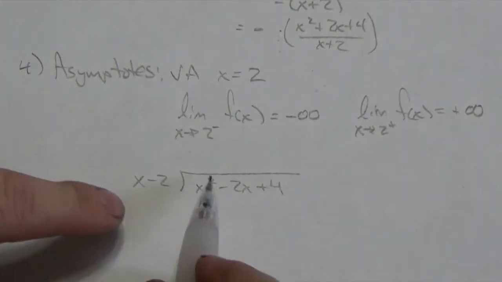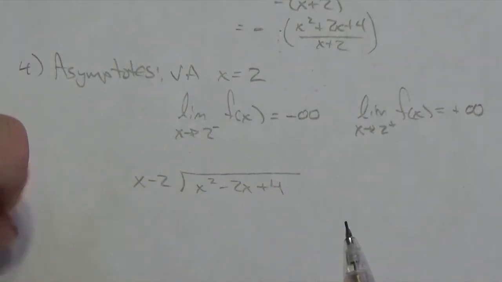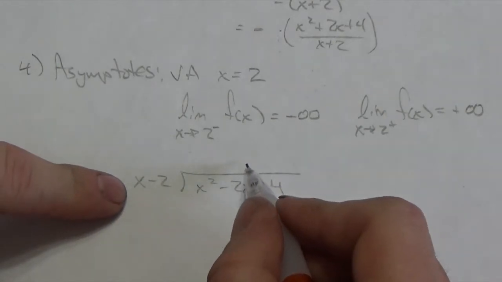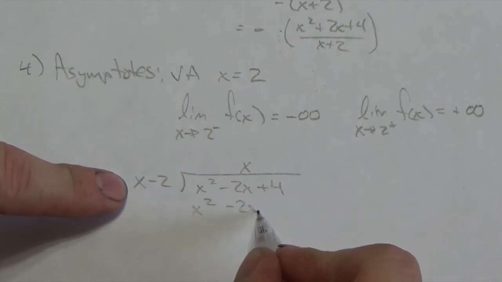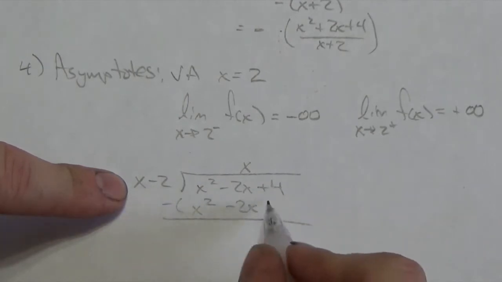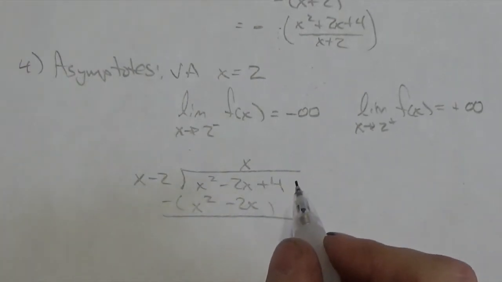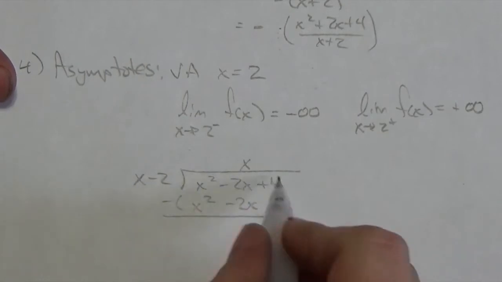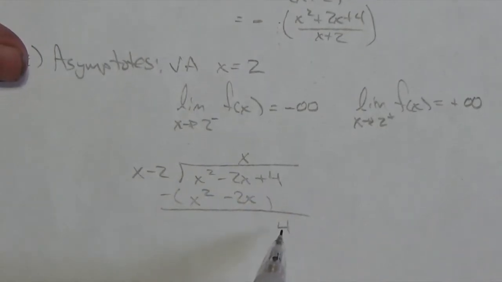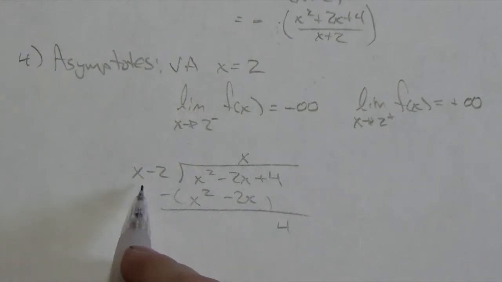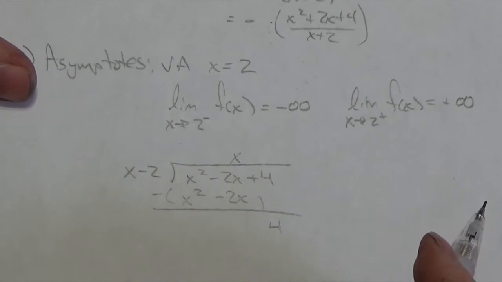Well, I can get rid of the leading term by multiplying my divisor by x. So x squared minus 2x, well that's beautiful. And when you subtract that, I'm just going to get a 4 there, which means the degree of my remainder is less than the degree of my divisor, so I'm done.